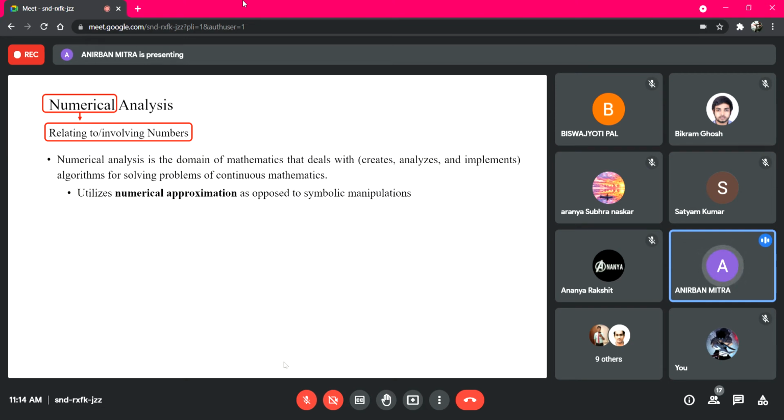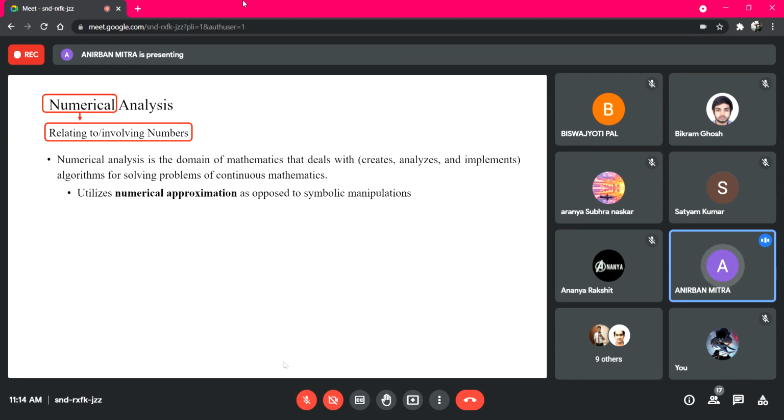So you have x square, you want to differentiate it with respect to x, you obtain twice of x as the output, the result. Same for integrations as well. But instead of that, here in numerical analysis, we prefer arithmetic calculations, arithmetic operations.